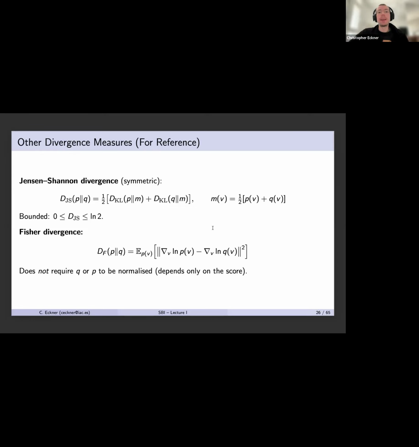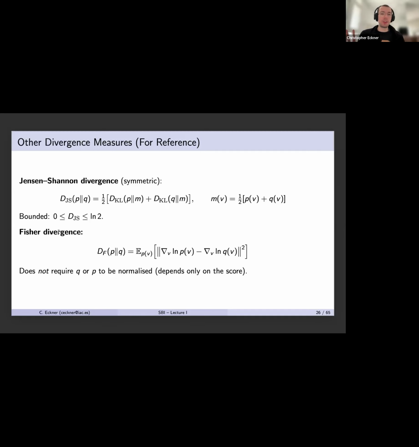You take as the test distribution the arithmetic mean of the two distributions, and you take the arithmetic mean of the forward Kullback-Leibler divergences of this averaged distribution with respect to P and Q. This gives you some advantages at some point and some not.